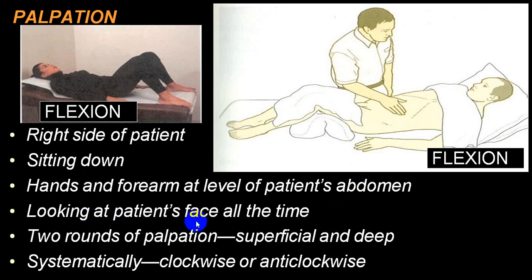Constantly look at the patient's face to find out the tenderness. First, always do the superficial palpation followed by a deep palpation. Either you can go clockwise or anti-clockwise. The tender area should always be examined last.